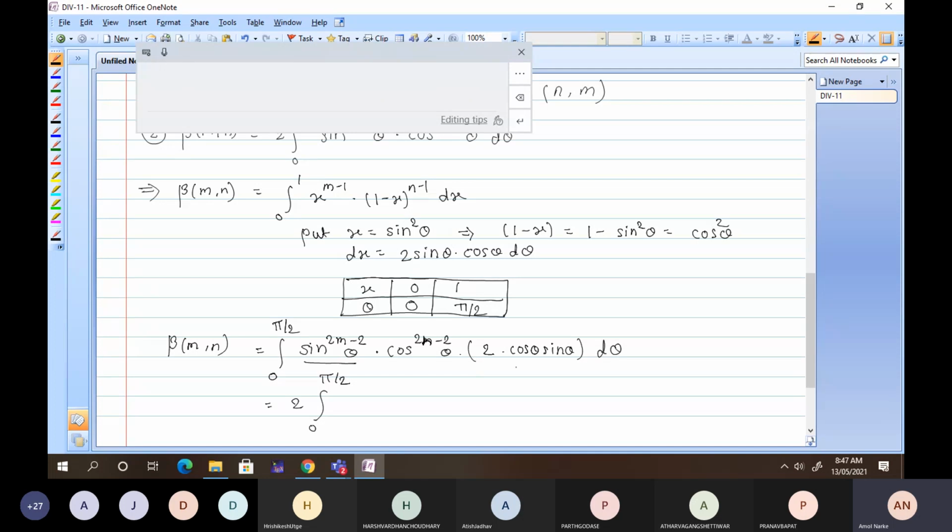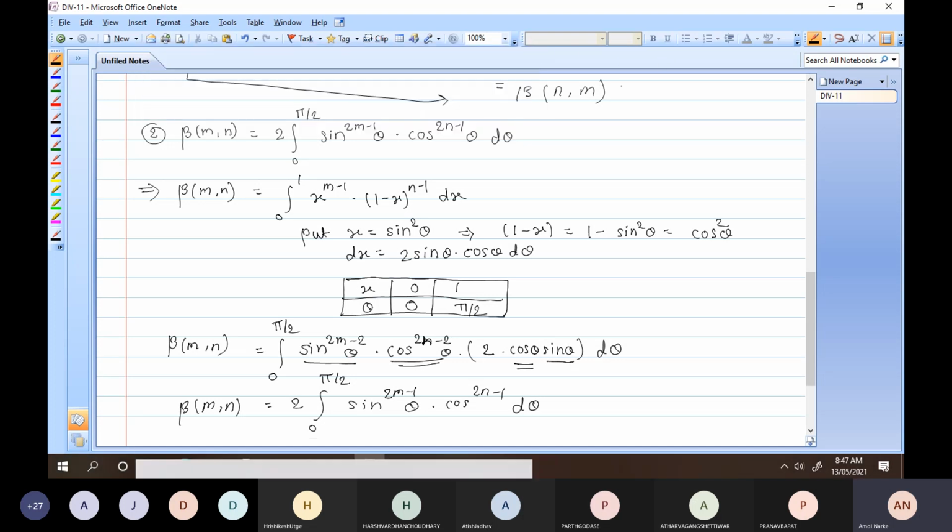This sine and this sine, everything is a product, so it simply becomes sine raised to 2m minus 1 theta d theta into cos, this cos and this cos, so cos raised to 2n minus 1 theta d theta. And this is nothing but the new definition of beta of m comma n.